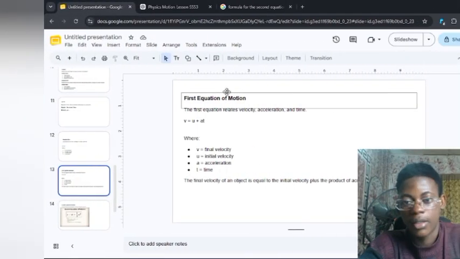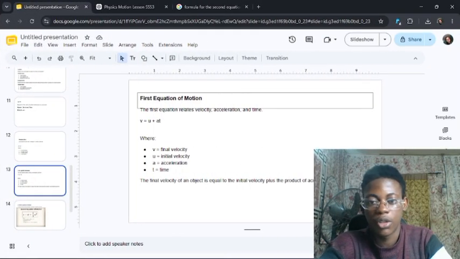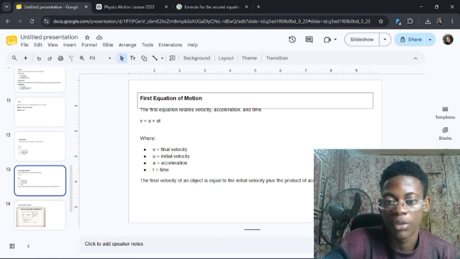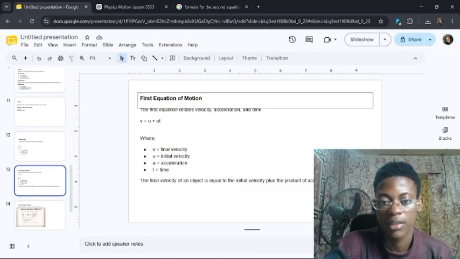So now guys, we have the equations of what? Motion. Now the first equation of motion relates velocity, acceleration and time together, which gives the formula v equals to u plus at, where v is the final velocity, u is the initial velocity, a is acceleration, and t is the time.